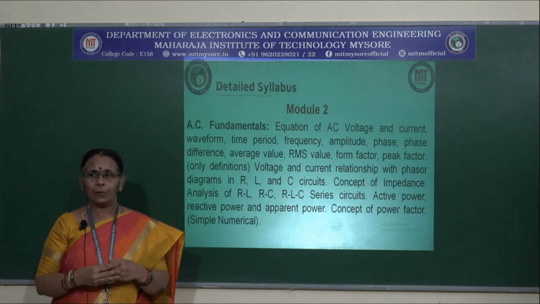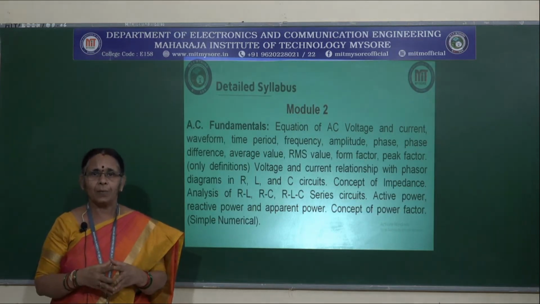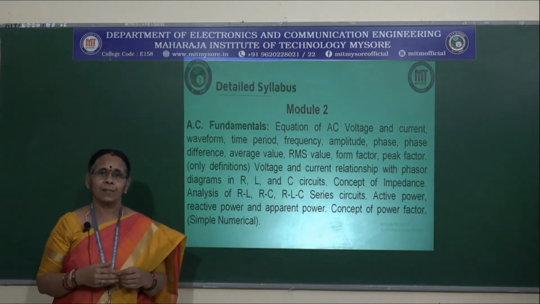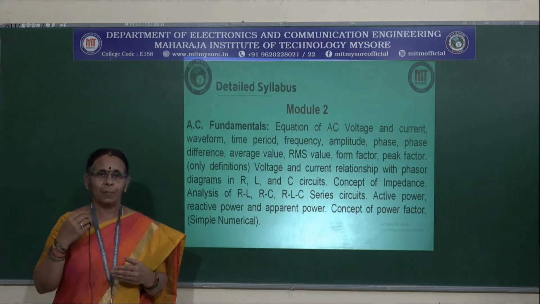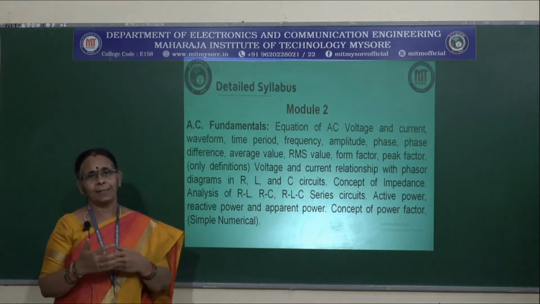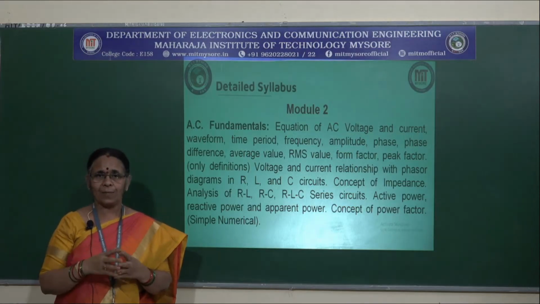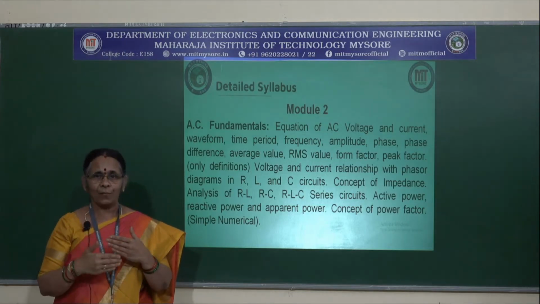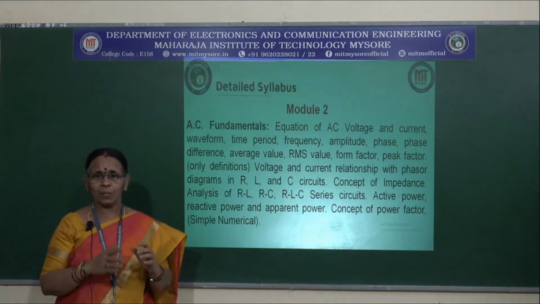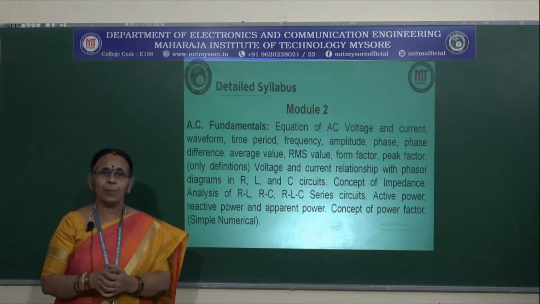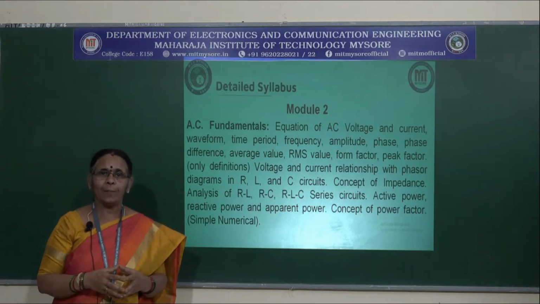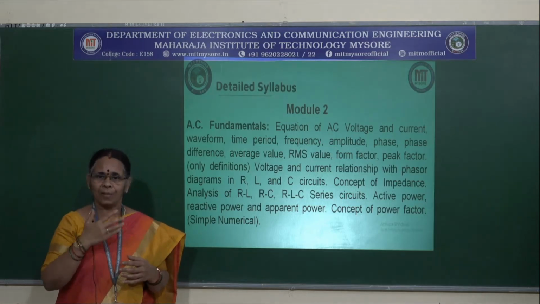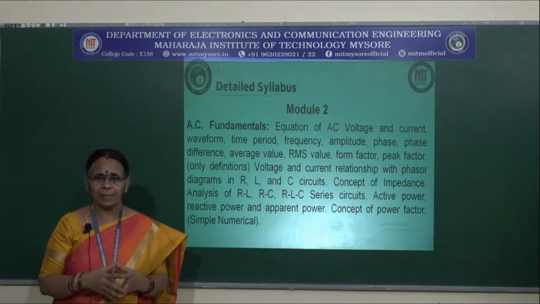Then coming to module 2, you will be studying AC fundamentals, that is, alternating current fundamentals. There you will study how alternating current is generated. After studying that, how a waveform looks like, based on that you are going to study the equation governing the AC quantity, and also the different constants that you have to understand there.